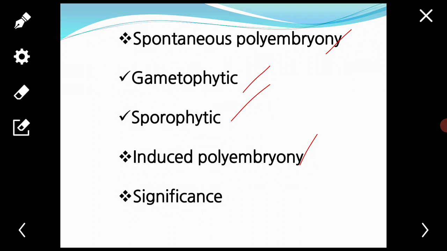The embryo development can also be made in culture medium, meaning induced polyembryony. The embryos developed in culture medium are known as adventitious embryos, somatic embryos, supernumerary embryos and embryoids.